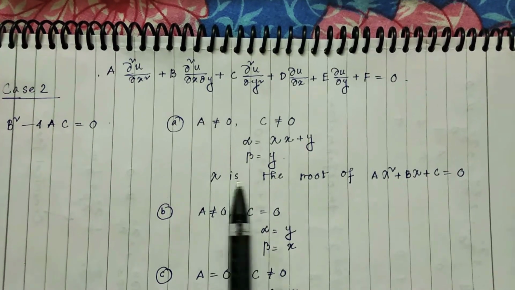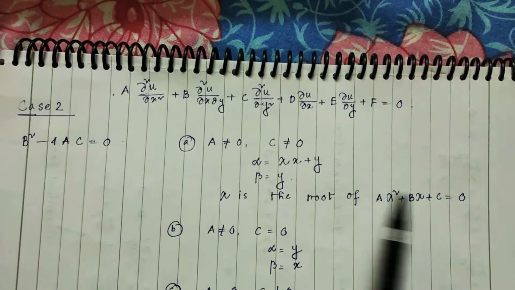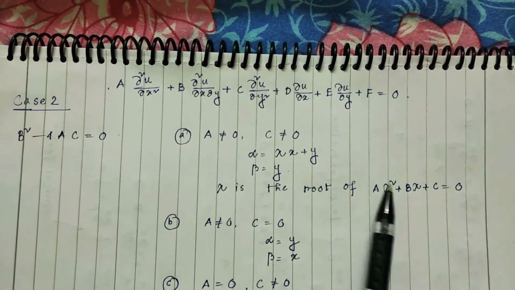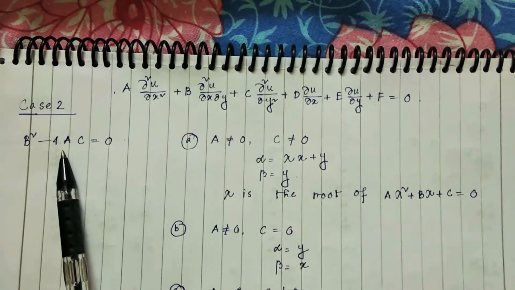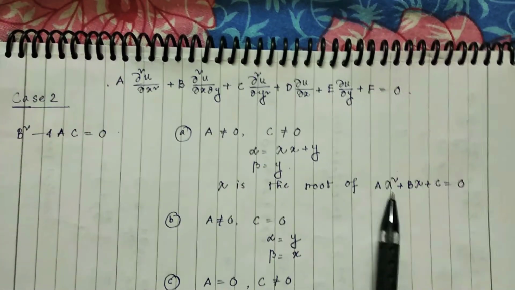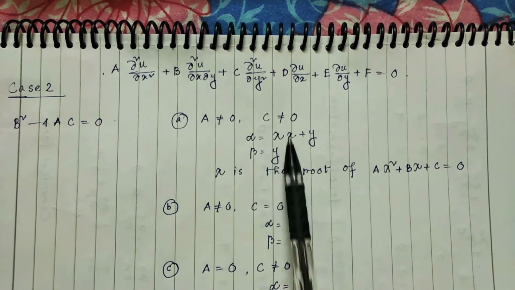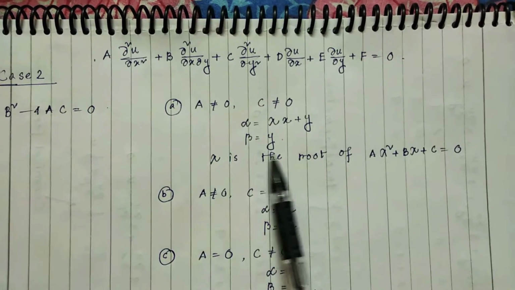What is lambda? Lambda is the root of the equation a lambda square plus b lambda plus c equals 0. This is a quadratic equation in lambda, but since b square minus 4ac is 0, the roots are equal, so lambda 1 equals lambda 2, and one root of lambda will be there. We will use this here.